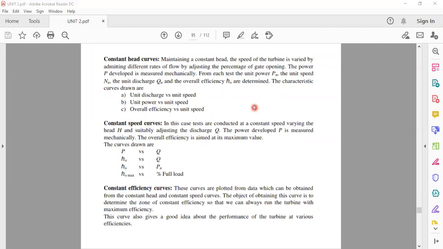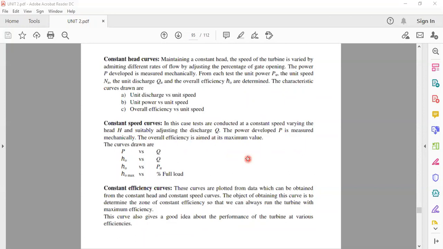The curves drawn are power versus discharge, head versus discharge, head versus unit power, and head versus percentage of full load. Here the tests are conducted at constant speed varying the head, suitably adjusting the discharge.